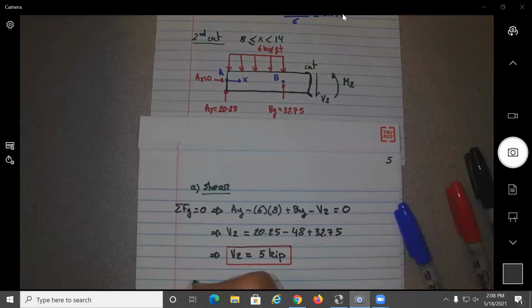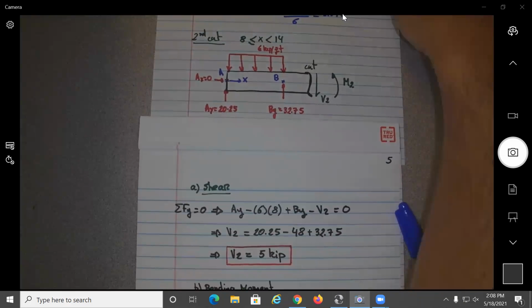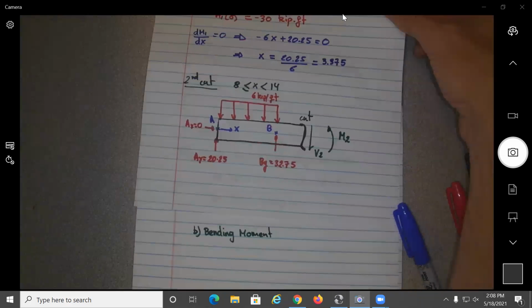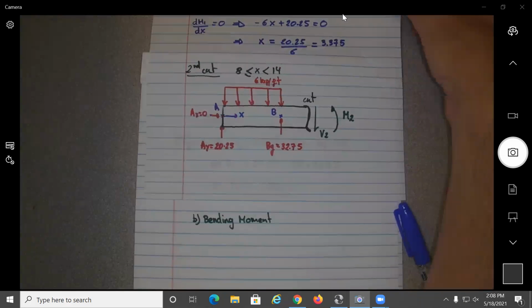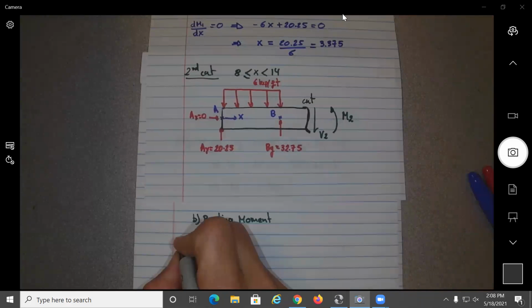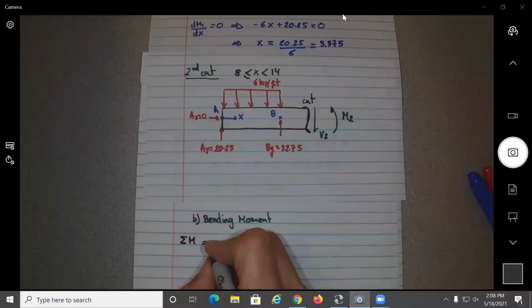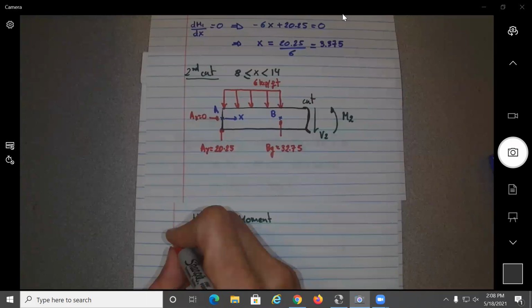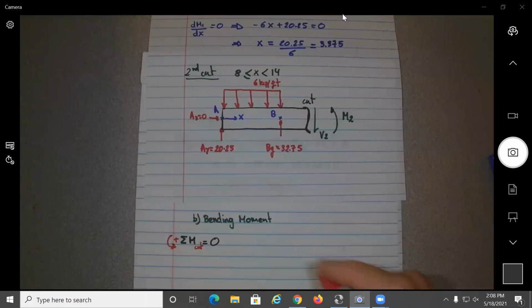Okay, now B, we need to do the same thing for the bending moment. So we do the same thing. You take the moment about the cut. Counterclockwise positive.